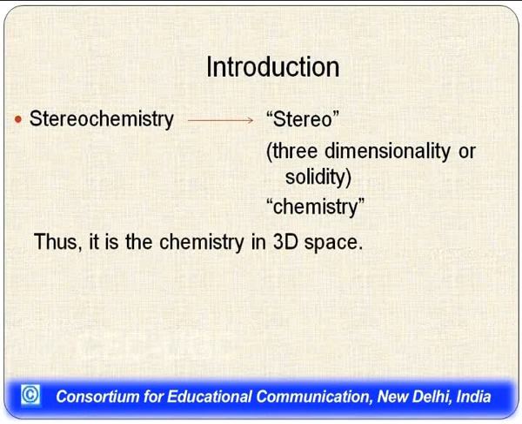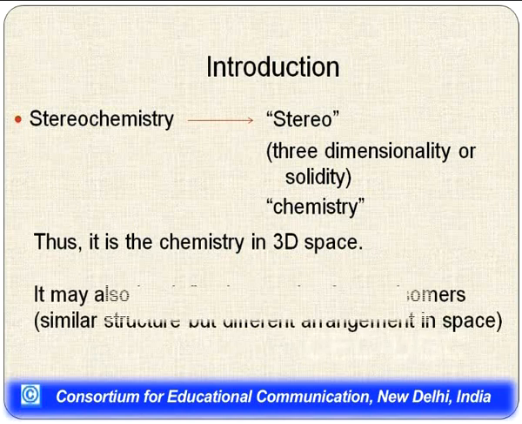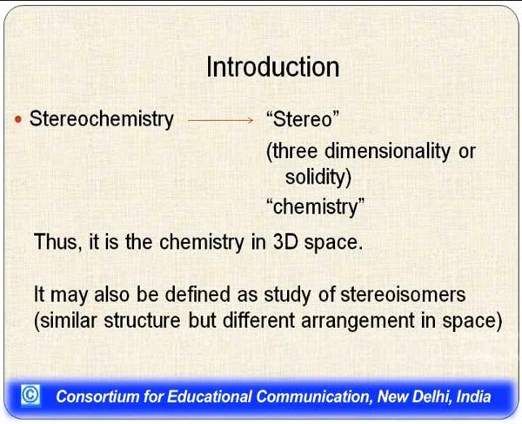So it is nothing else but the chemistry in 3D space. 3D space means that we are looking at the molecules, how they are actually present in the system. Further, we may also define stereochemistry as the study of stereoisomers, which have similar structure but different arrangement in space.